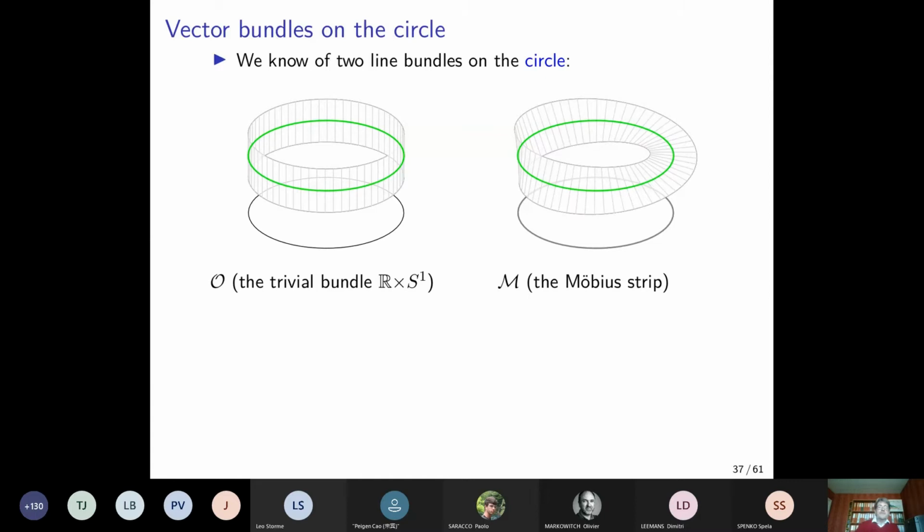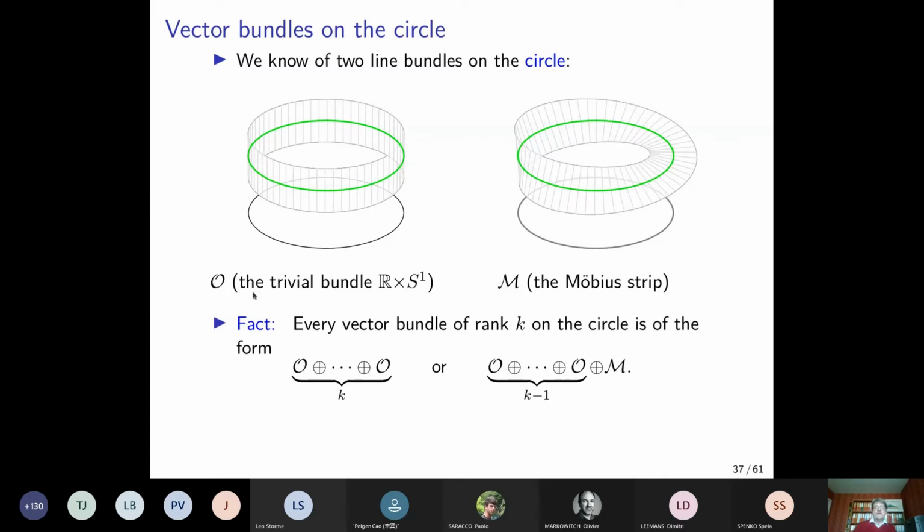Let's go back to the circle. We constructed a non-trivial vector bundle on the circle, the Möbius strip, but of course we also have the trivial bundle, which I will denote by O. And it turns out this contains enough information to describe all vector bundles on the circle.